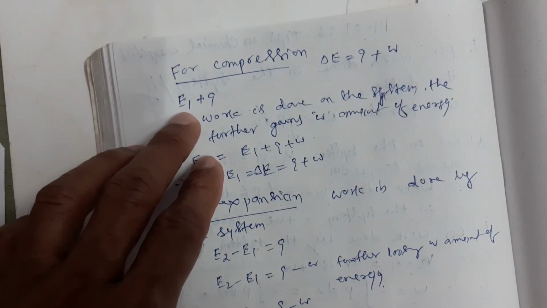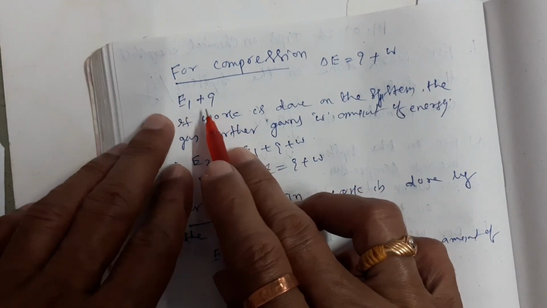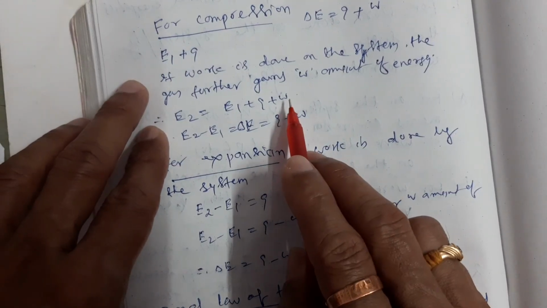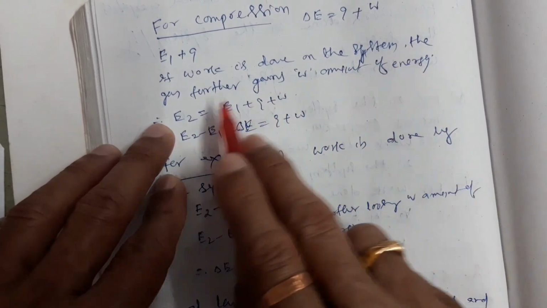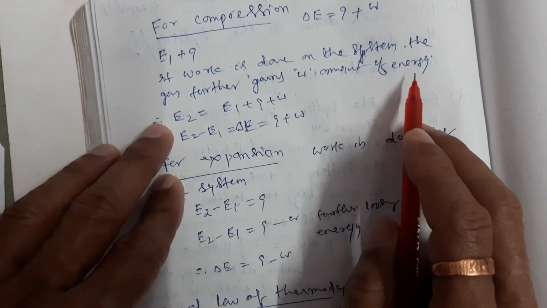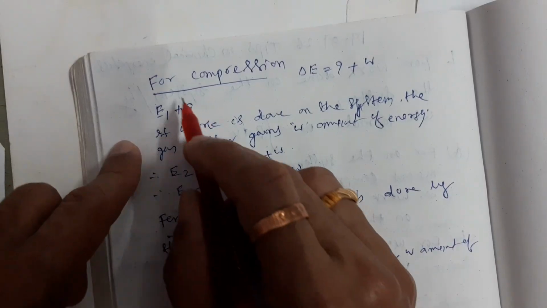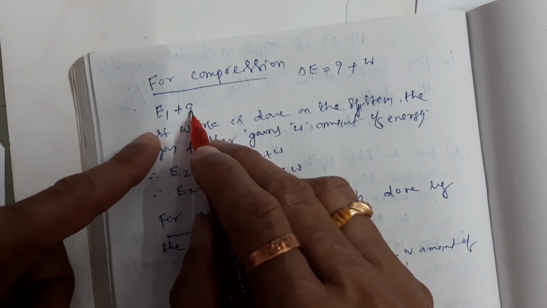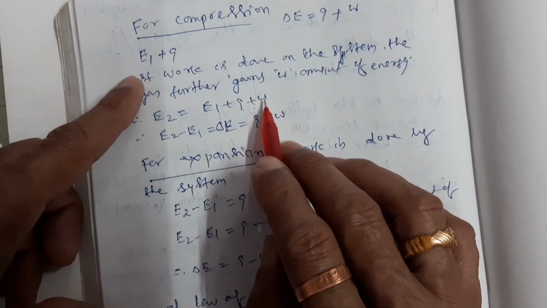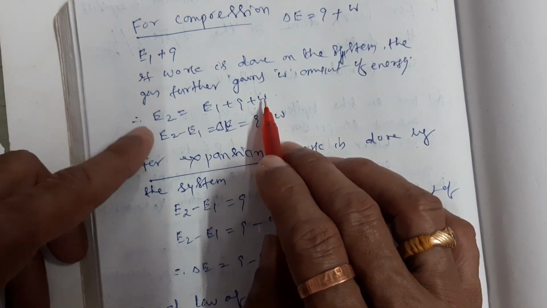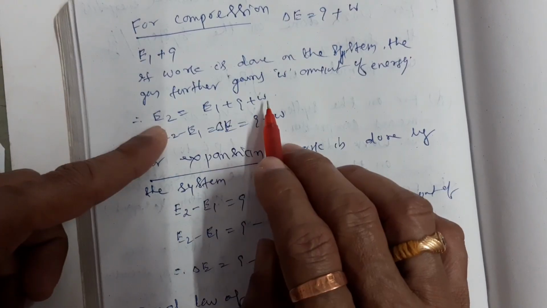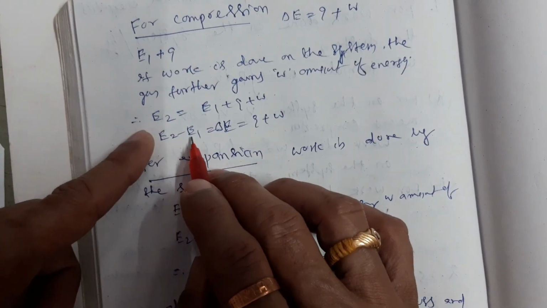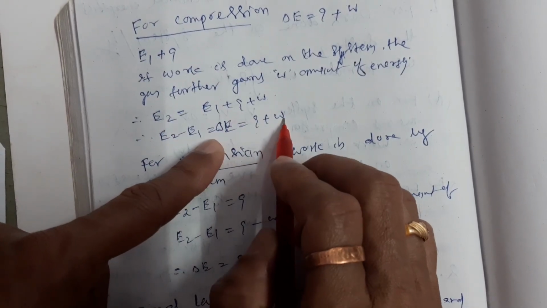When you compress, it gains energy Q, and when work is done on the system, the gas gains further energy W. So in the final state, E2 is equal to E1 plus Q plus W. Taking E1 to the left side, E2 minus E1, that is delta E, is equal to Q plus W.